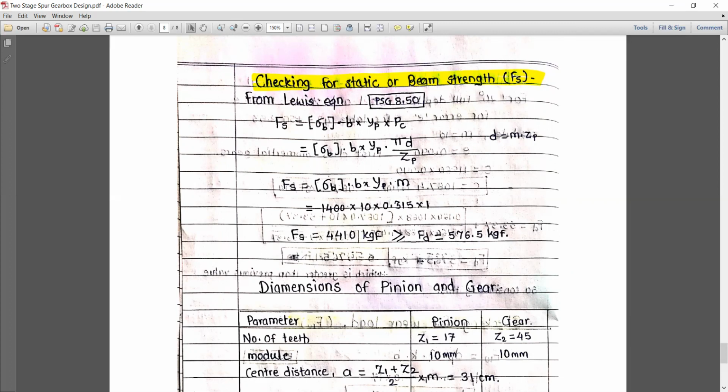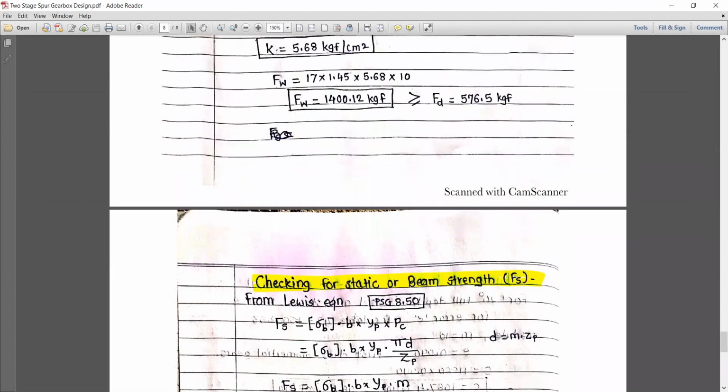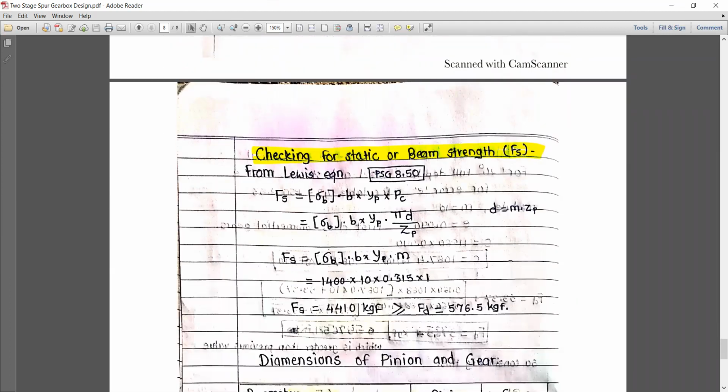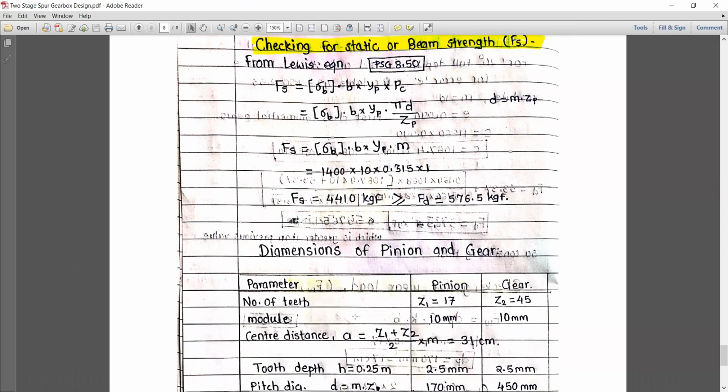So putting the values of bending stress, width, Lewis form factor, and module, what do we get? Fs is equal to 4410 kgf. Now when you compare both values, Fw and Fd, both are lesser than the static load. It means that our design is safe.